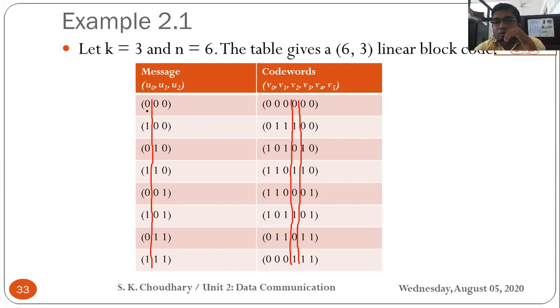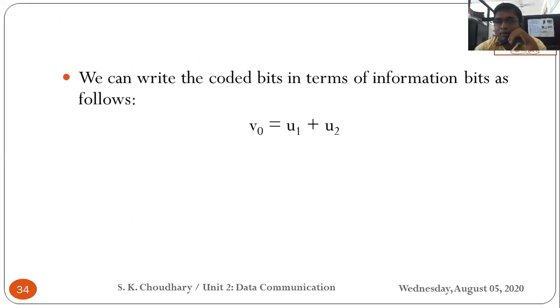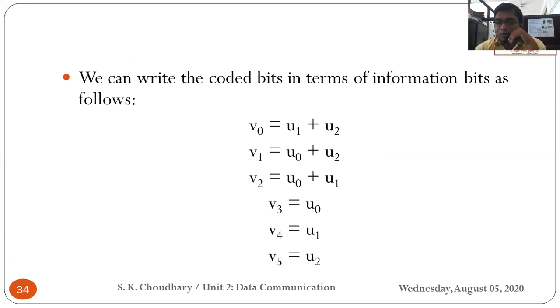In the first case U0 is 0, V3 is 0; then 1, 1, 0, 0, 1, 1, 0, 0, 1, 1, 0, 0, and 1. Similarly, V4 is a replica of U1 and V5 is a replica of U2. So it is very easy to write the equations. By observing the bit positions in the table, you can easily correlate them and write an equation for the corresponding bits of the code word. In this way, we have defined V0 to V5 using these equations.